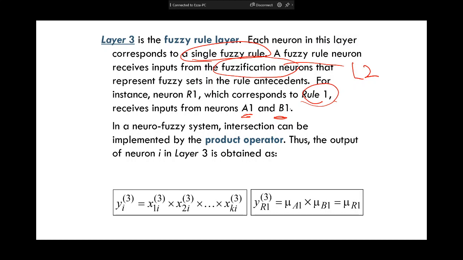In a Neuro-Fuzzy system, intersection can be implemented by using the product operator. So the output will be like this. For example, in rule 1, the product operator of A1 with B1.